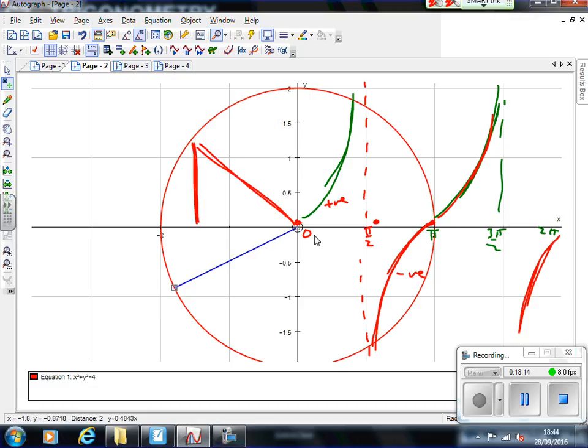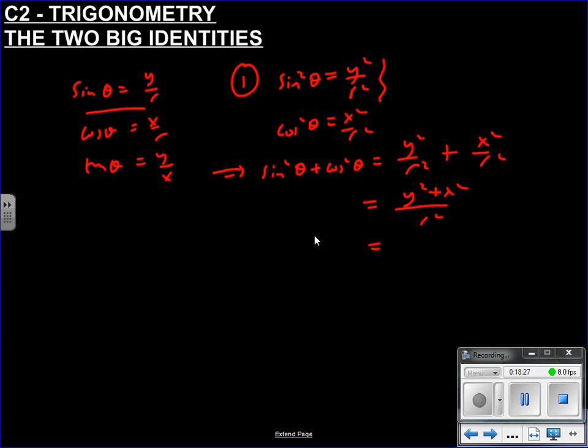This is my r, this is my y coordinate and this is my x coordinate. You know from Pythagoras, x squared plus y squared is r squared. So x squared plus y squared over r squared is 1.